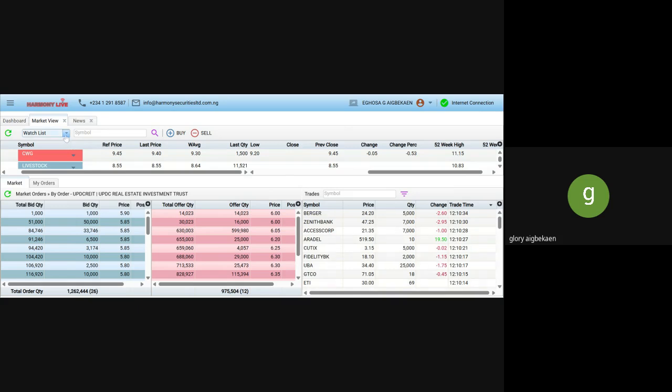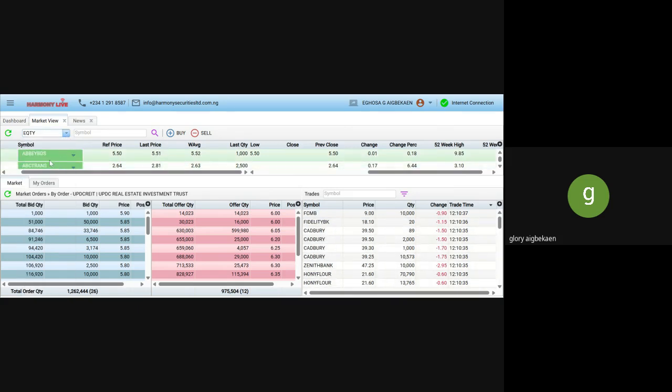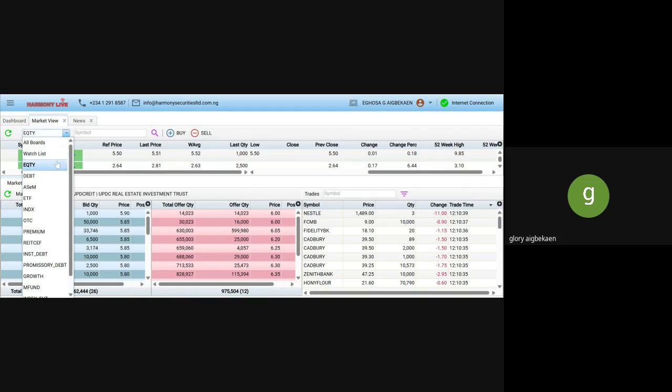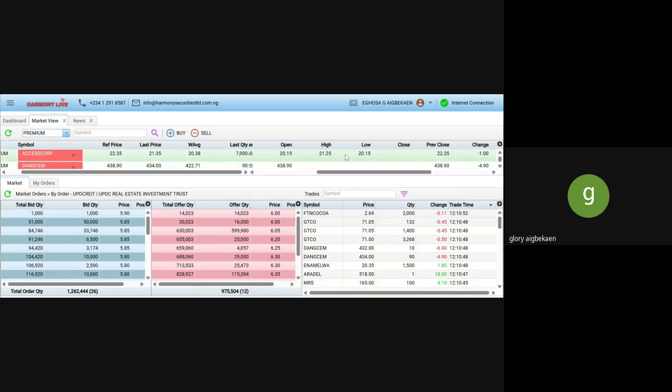Look at First Bank, Access Bank. Let's see. Access Bank this morning was trading at a low of 20 naira 15 kobo.